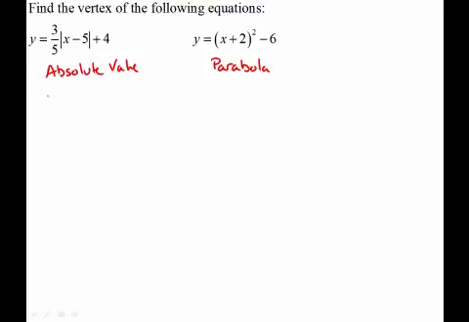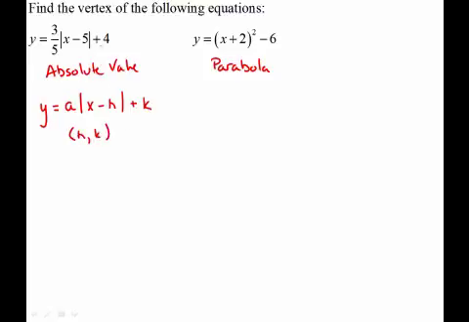We have this equation for the absolute value, y equals a times the absolute value of x minus h plus k, and the vertex is going to be (h, k).